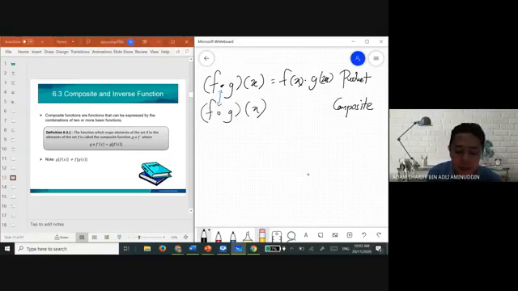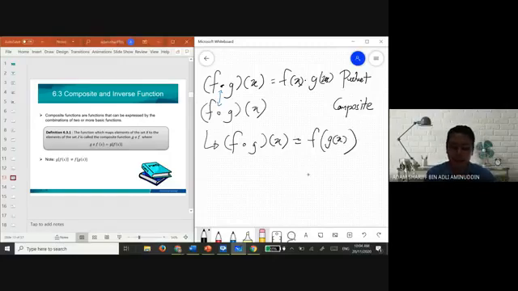For the case of composite function, FGX. Normally X becomes the input to F in the case of Fx. But for F composite G, this time the input will be the whole function of G. Ni compare.